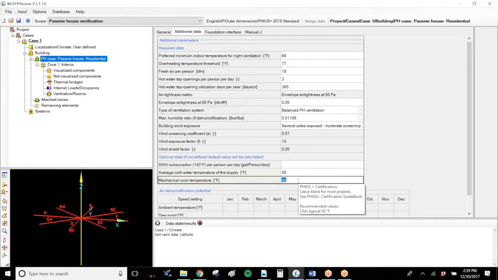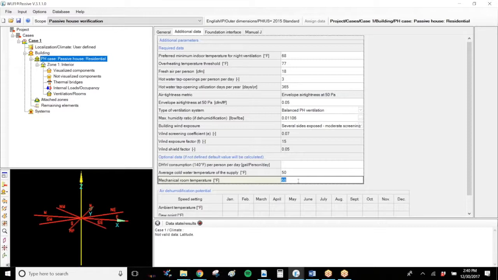And lastly, the mechanical room temperature. This is used to determine the amount of losses from something such as a hot water storage tank. You'll define the losses in BTU per hour per degree Fahrenheit. So the temperature of the mechanical room, or the temperature of the space where the storage tank is, will determine the amount of losses from the tank.